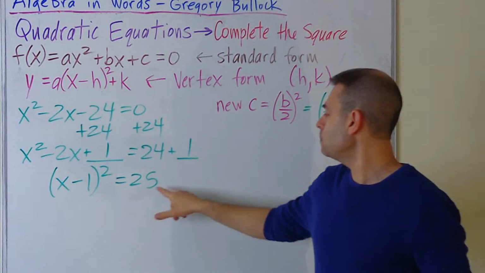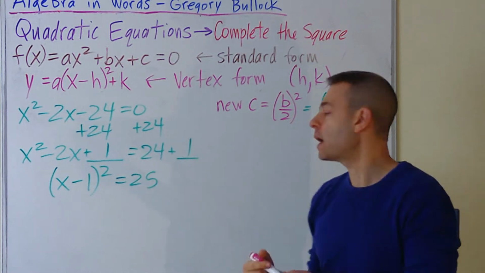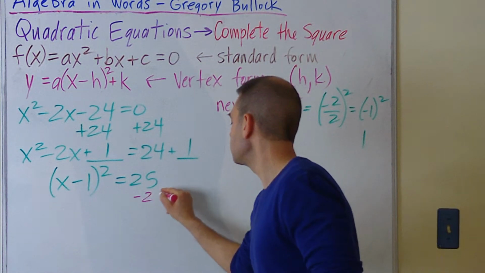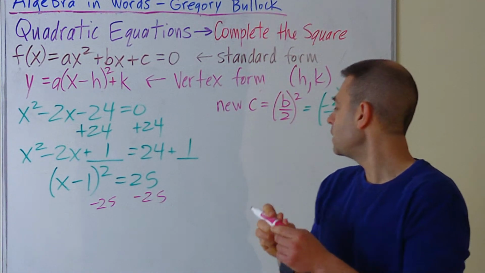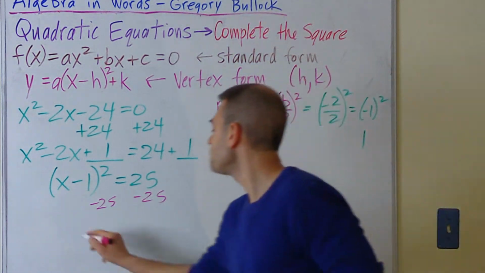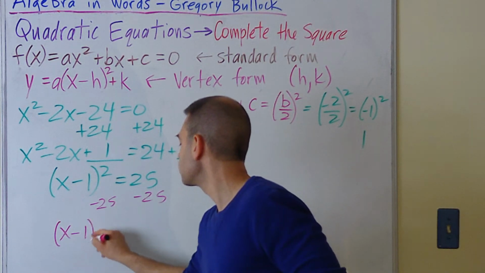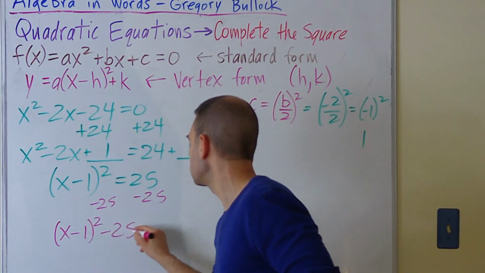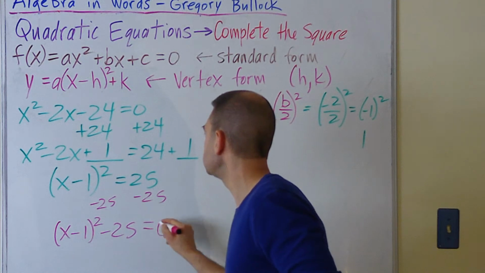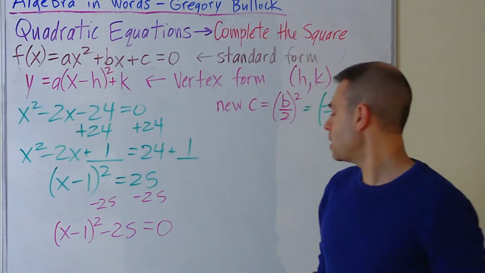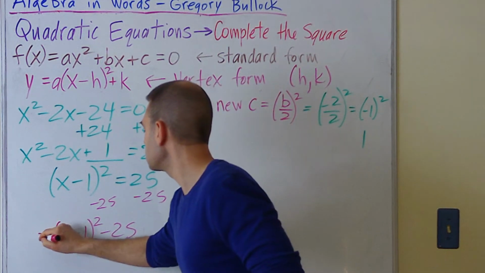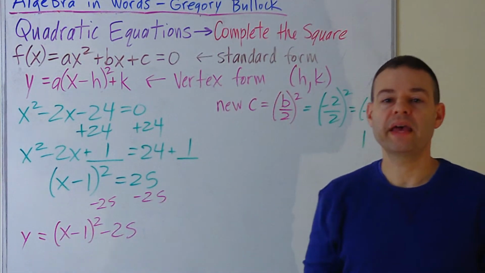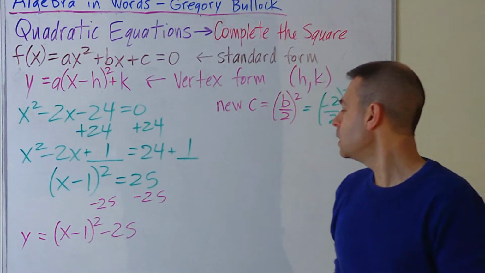So basically, if I move this constant to the other side by, in this case, subtracting, then this would become this. We don't need this, but we could say that this is y, and in this case y is 0.